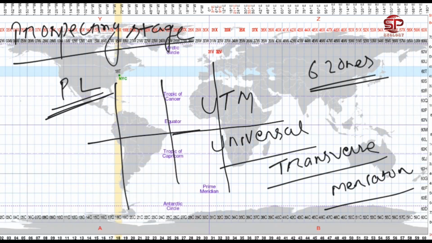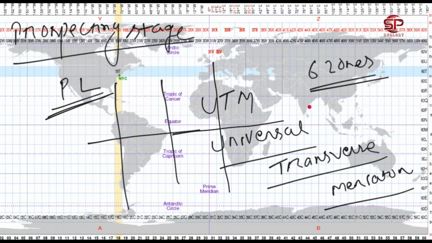So we have actually 60 north-south zones. According to UTM, the world's coordinate system is divided into 60 zones, each 6 degrees of longitude wide. The map that is prepared during prospecting will be fit with this map to project the location.